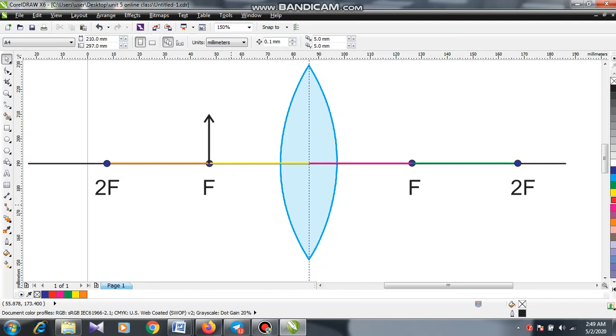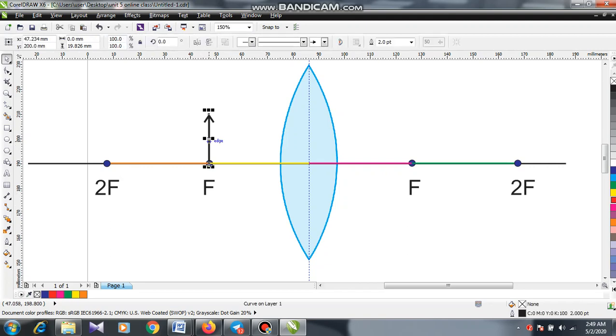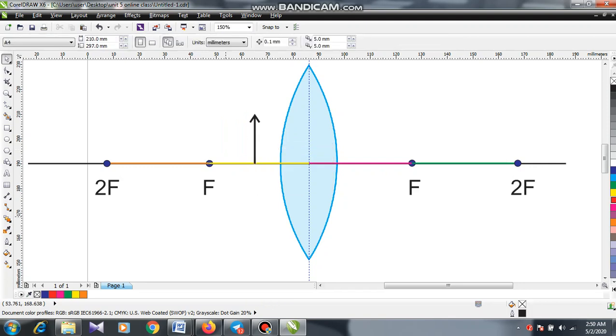So the object distance is focal length. And now if you place the object here, the object distance is less than the focal length.